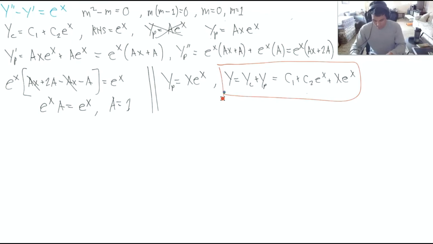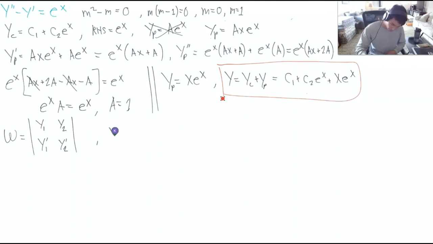Okay. Now I'm going to write down the formula for variation of parameters. Specifically, we say the Wronskian is equal to y1, y prime 1, y2, y prime 2. And then we say that we have yp which is equal to negative y1 u1 plus y2 u2.